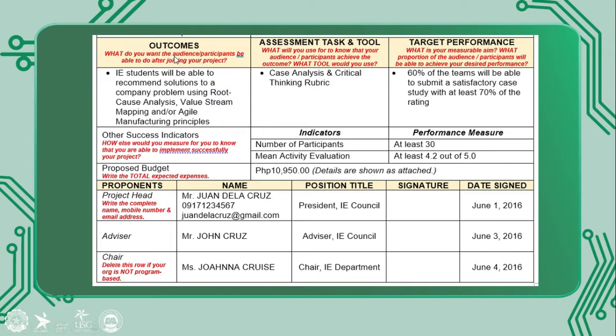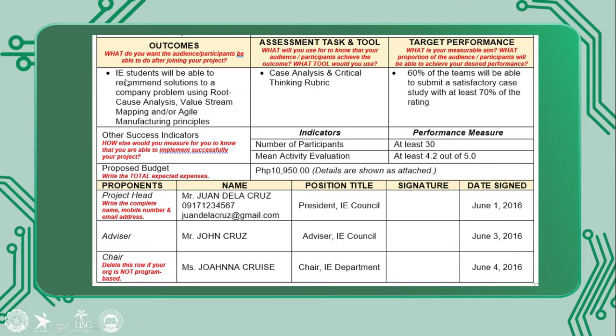What do you want the audience or participants to be able to do after joining your project? The key is that it should be a verb, an action that participants will be able to do after attending your project or program. For example, in this case, students will be able to recommend solutions to a company problem using root cause analysis, value stream mapping, and or agile manufacturing principles.